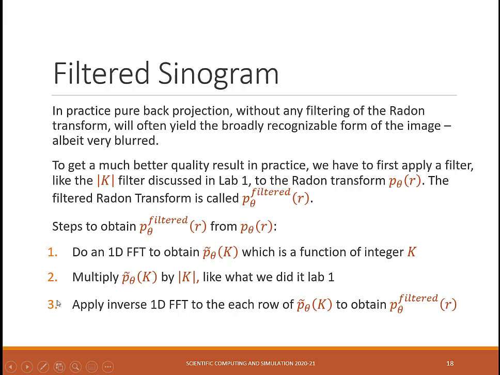Here, I have listed the steps to obtain the filtered sinogram from p(theta, r). First, we have to do a 1D FFT to obtain the p tilde, which is a function of k integers. Next, to apply the filter, each element in p tilde(k) is multiplied by the absolute value of k. If you remember, we did this kind of filtering in Lab 1. Finally, an inverse 1D FFT is applied to each row of p tilde to obtain the filtered sinogram.